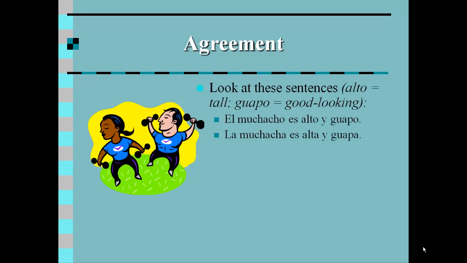The other concept is agreement. Now this one's much easier. Agreement has to do with how all of the words that relate to a specific noun have to reflect that gender and that number. Notice that we have el, muchacho, but also alto and guapo, and those words change.